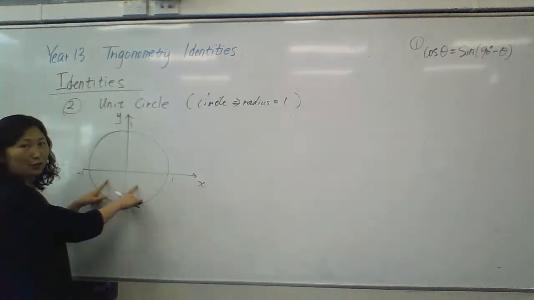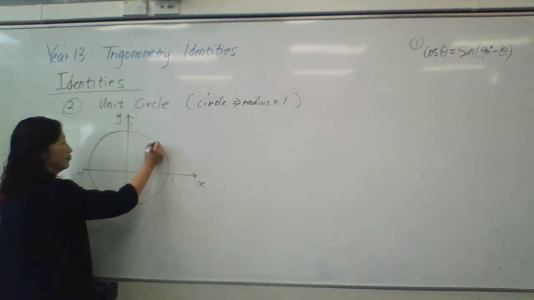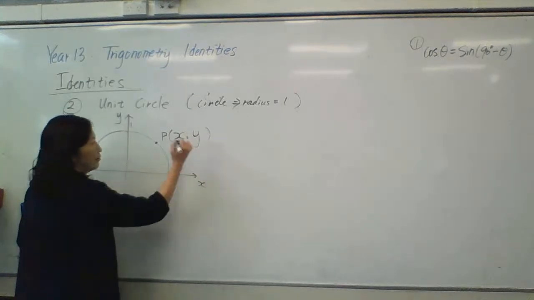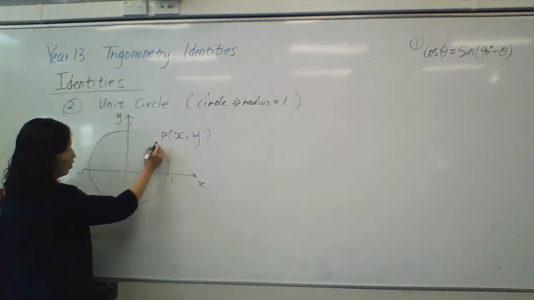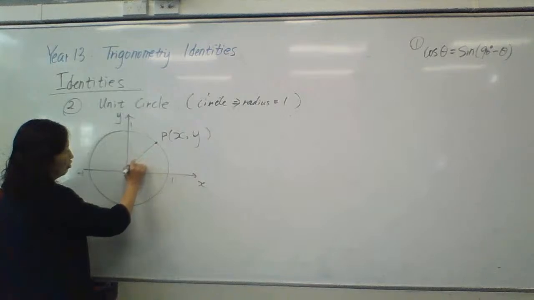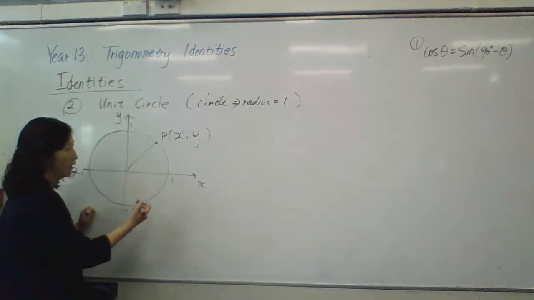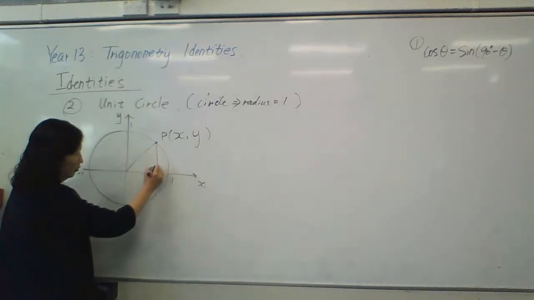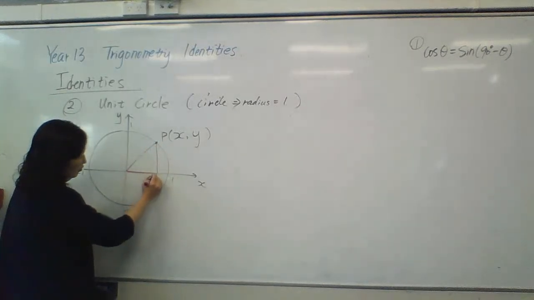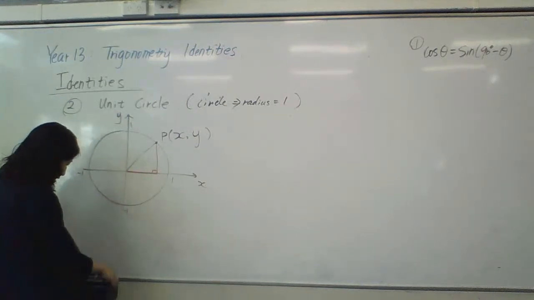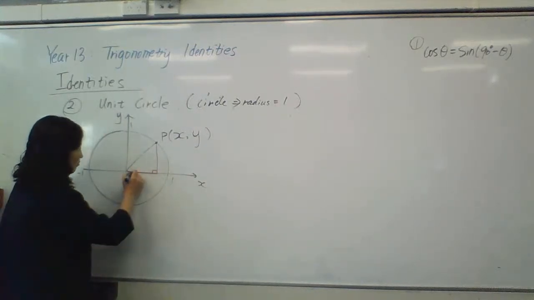Okay, so now let's have a look. I'm going to choose a point. Let's say this is P, and the coordinate of that point is (x, y). I'm going to join that to the origin. From here, I can create a right angle triangle, and I say this is angle theta.